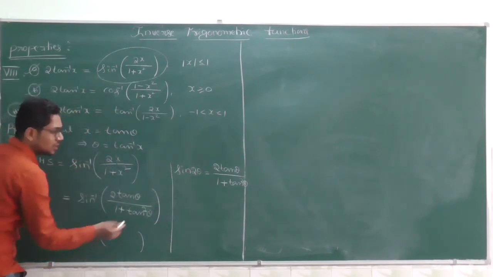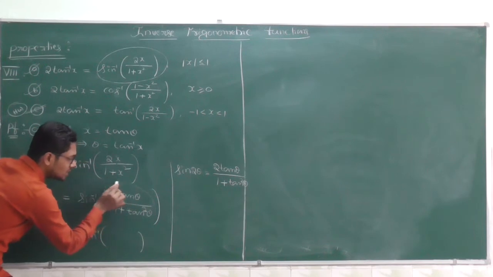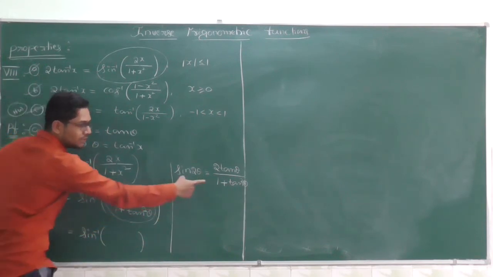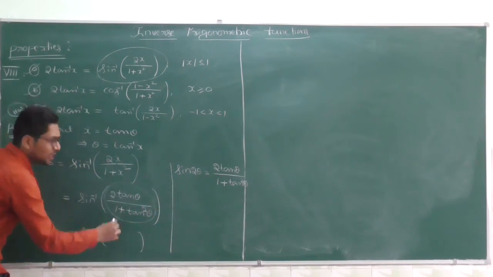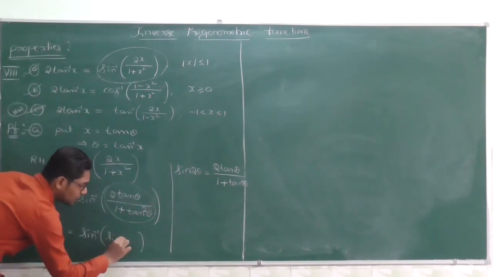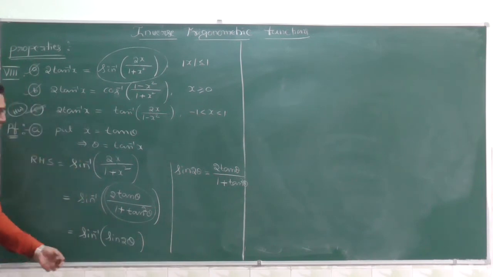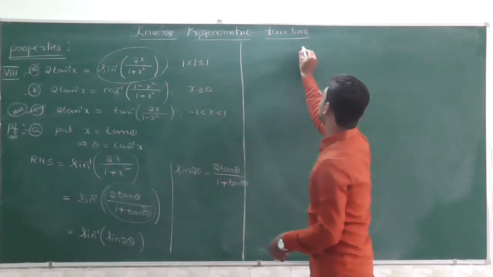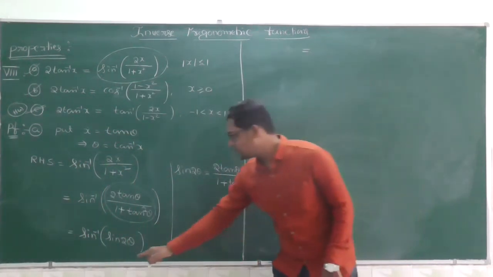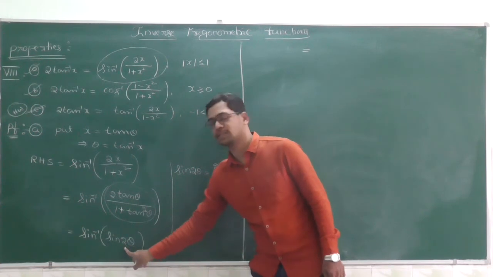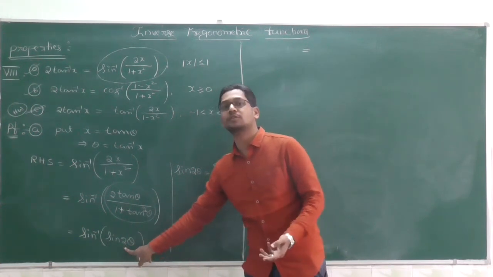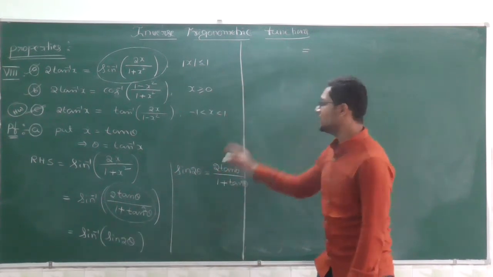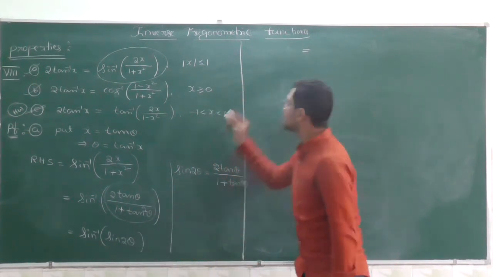By using this formula, this can also be written as sin 2 theta, right? It will be sin inverse of sin 2 theta. We have the property sin inverse of sin x equals x, where x belongs to minus pi by 2 to pi by 2. By using that property, this can be written as 2 theta.